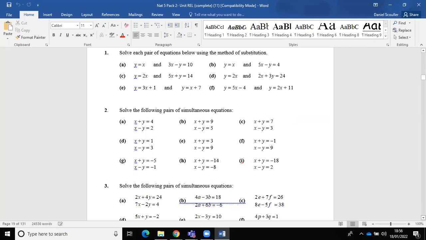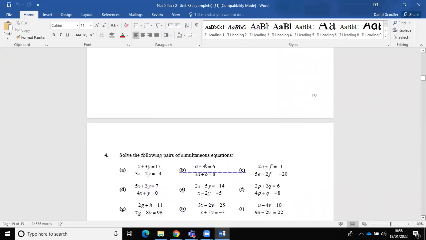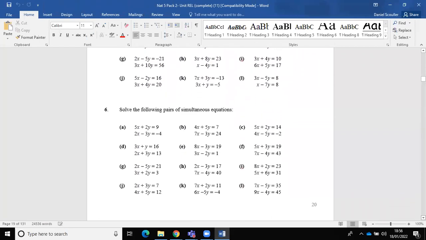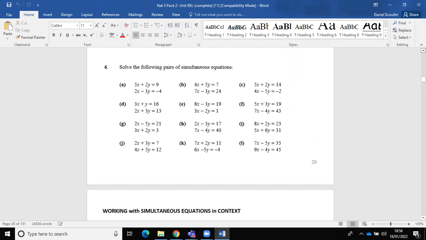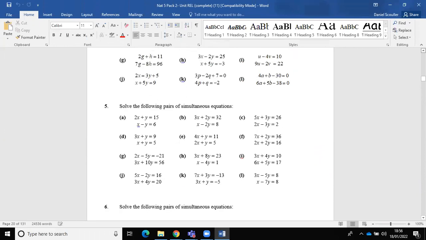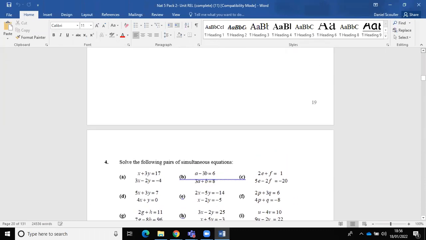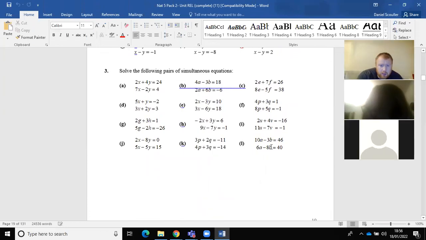So question 2, question 3 is what we've just been working through, question 4, question 5. So 3, 4, and 5, we should be able to have a good bash at. So that's what we've been working through, those examples.